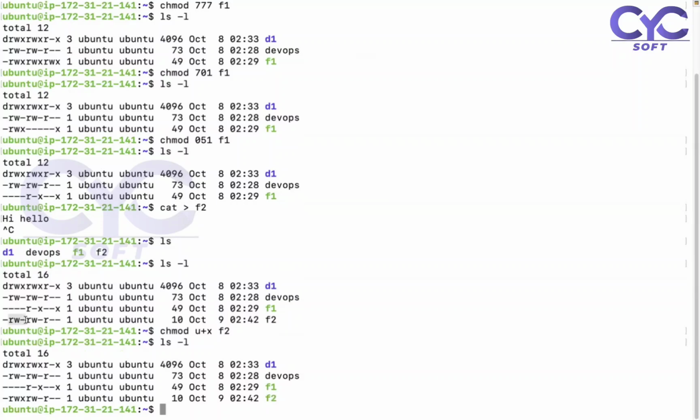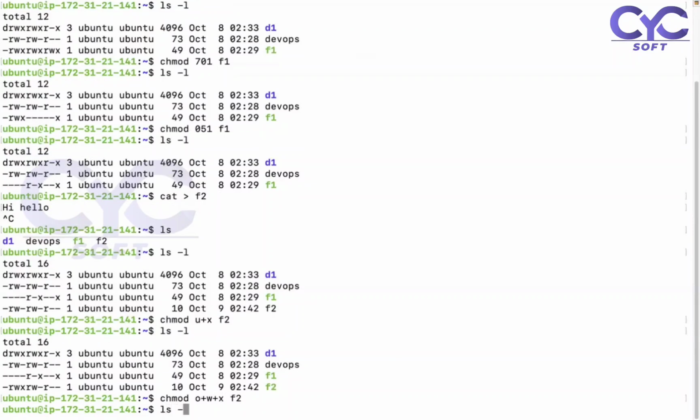Previously we didn't have the execute permission, and now it has been added successfully. This is what we are modifying. If you want to target only the group, you can do that too. Let me go with one more example: chmod o+w+x F2, for others.